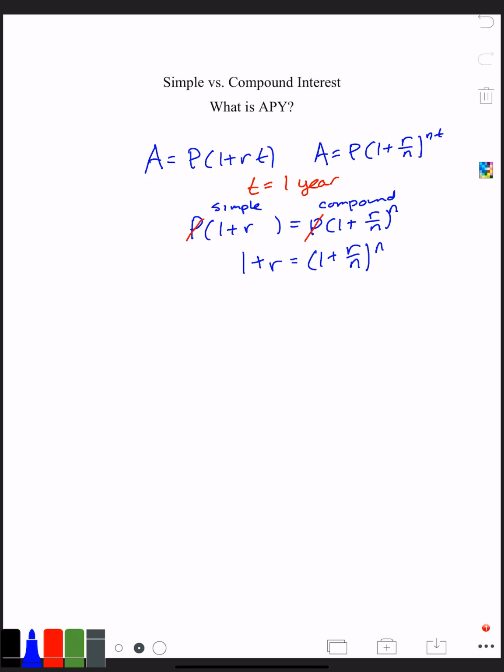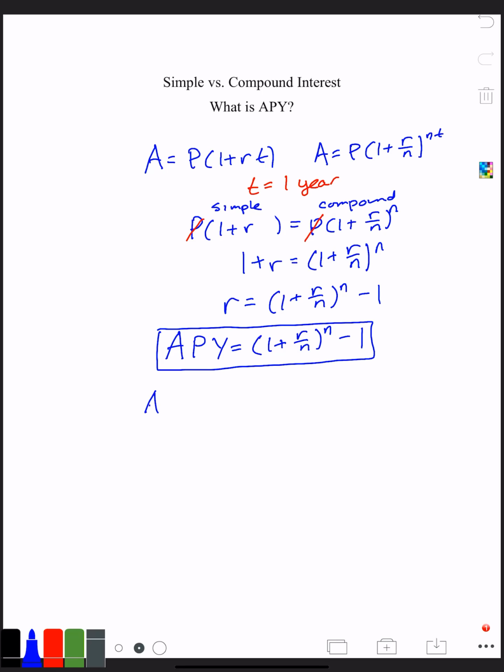So what we're going to do is solve. We get the following: 1 plus r over n to the n minus 1. And this would tell you what the simple interest you need for an equivalent compound interest of r%. What we do is we actually call this APY. So you're going to have the following formula you can use. APY is 1 plus r over n to the n minus 1.